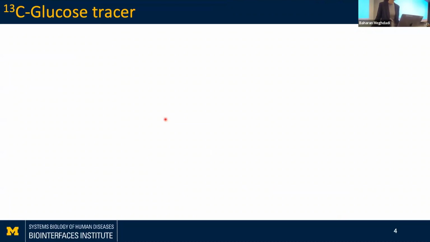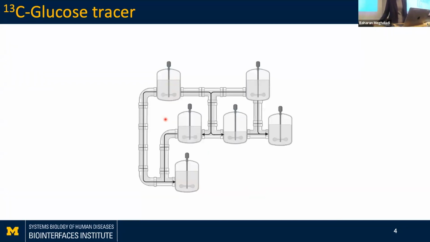13C glucose tracer is a common way to study metabolism, and you can think of metabolism as a set of stirred tank reactors that are connected together, with a flow between the tanks.